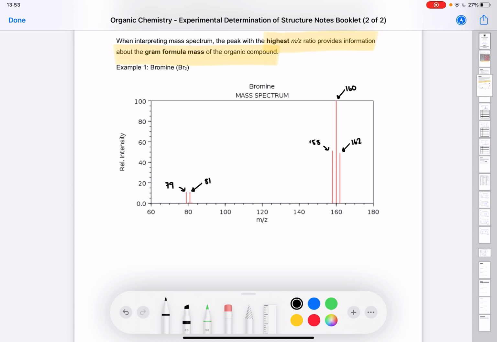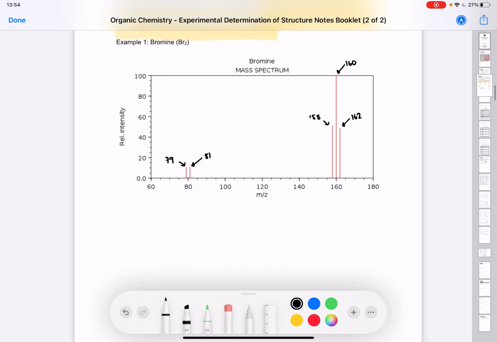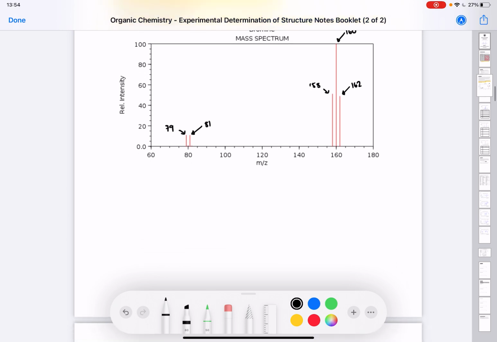Okay. Now, that might come as a wee bit of a surprise because, well, bromine's just Br2. So we wouldn't expect there to be 5 different ways that we could split bromine into smaller fragments. So let's have a look at this in a wee bit more detail. If we were just to draw a bromine molecule, it would exist like that.